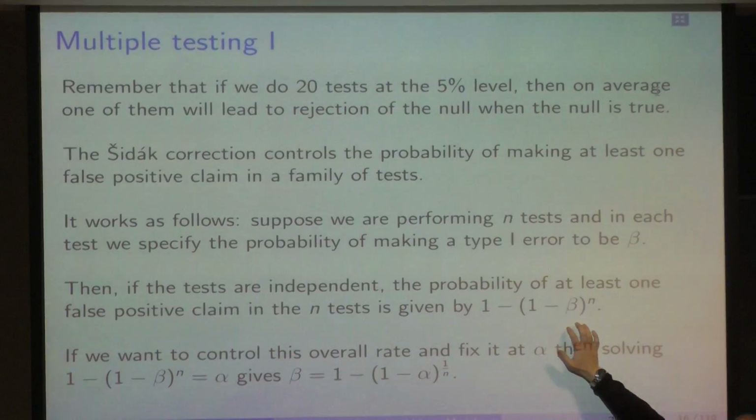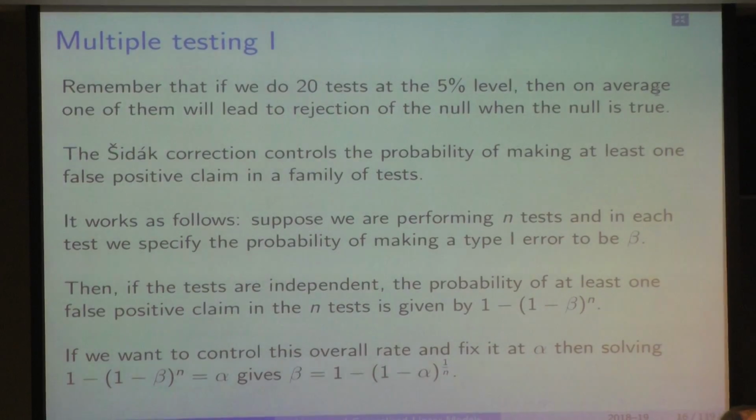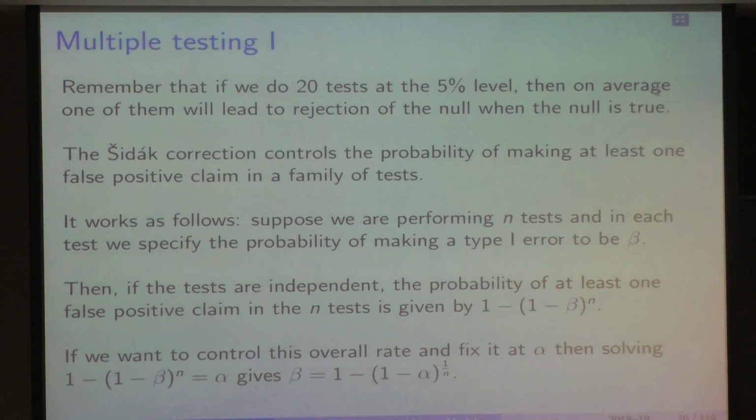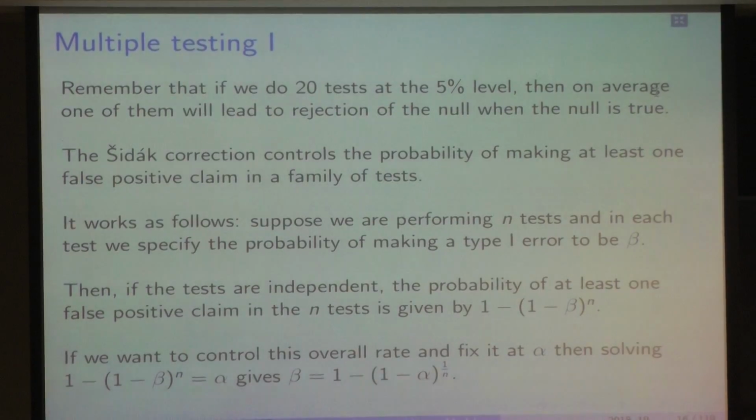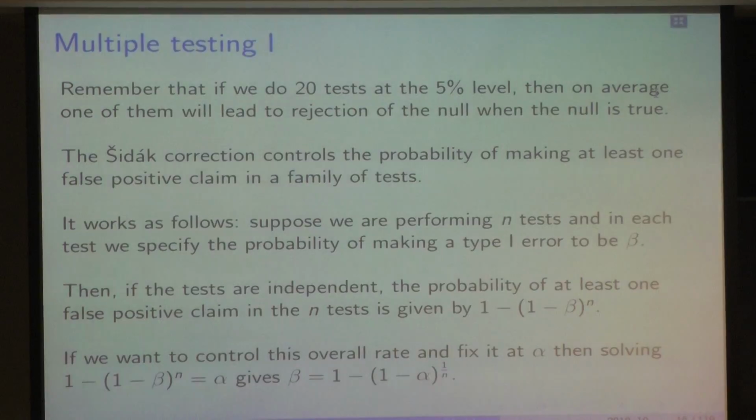You want this to be equal to alpha, and you find that beta is 1 minus the nth root of 1 minus alpha. So that gives a formula for beta, and this formula is called the Šidák correction.